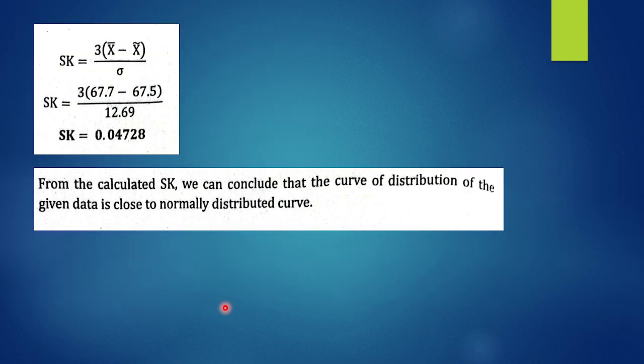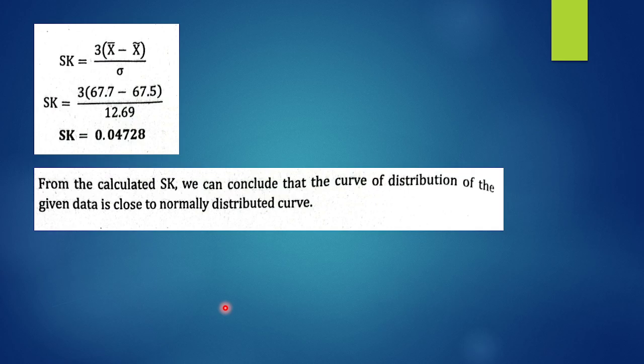So the skewness, again, is equal to 3 multiplied to the quantity of the mean minus median all over standard deviation. So we're going to substitute everything there. So we do have 3 multiplied to the quantity of 67.7 minus 67.5 all over 12.69. So our skewness is 0.04728.